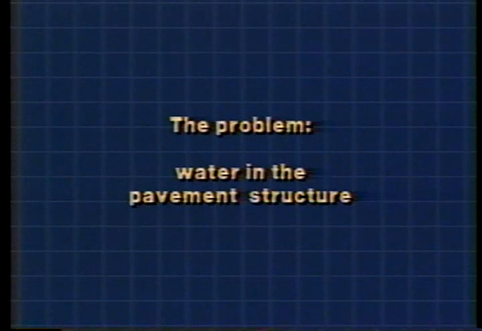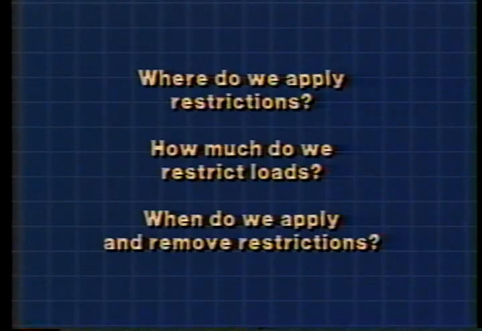In summary, the problem is essentially one of water in the pavement structure during thawing periods. For most agencies, the most viable solution to preventing pavement damage is to restrict loads during thawing periods. In general, maintenance personnel ask where to apply restrictions, how much to restrict loads, and when to apply and remove restrictions.